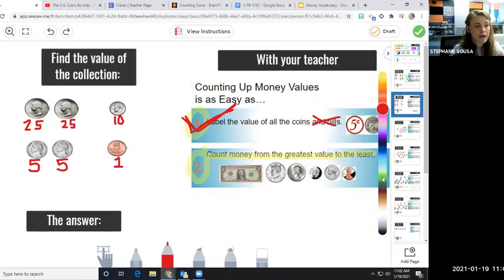Let's use that strategy that Mrs. Renale showed. Start with our quarters. I know if I have 2 quarters that I have 50 cents, okay? So I'm going to, in my head, mentally combine these together. 2 quarters is equal to 50 cents. Go ahead and write that off to the side.